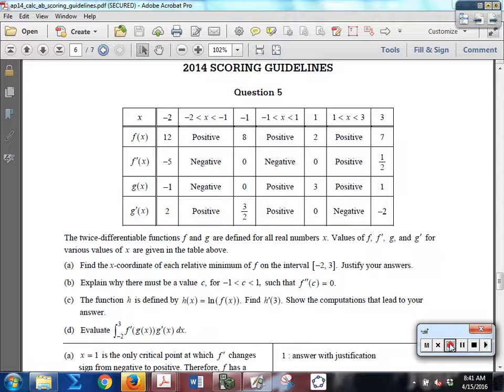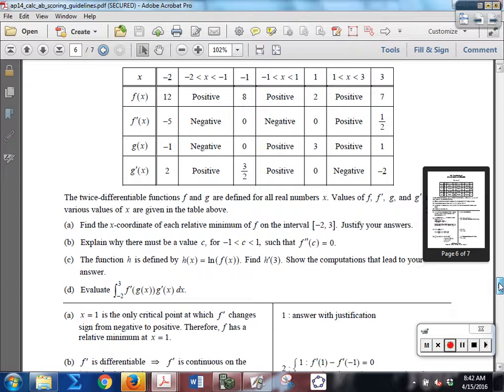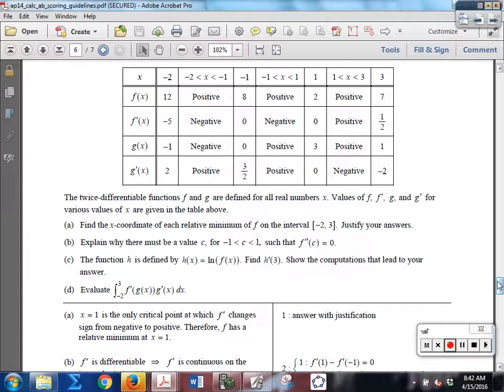The critical numbers are where it equals 0, so it says x is the only critical number when the derivative changes from negative to positive, so it has to be 1. You guys are probably pretty good at saying that, right? You look for at what value the derivative equals 0, and it had to change from negative to positive to be a minimum. So that one was good.